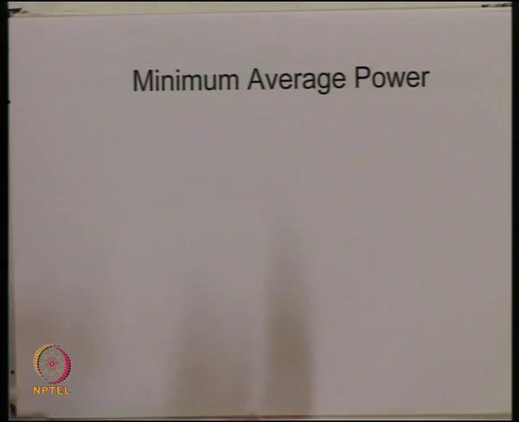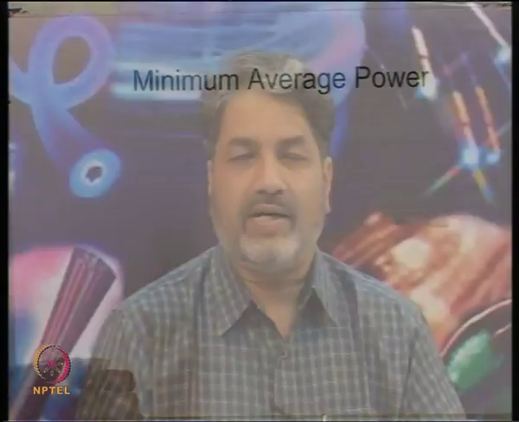So, essentially what we want to ask is, if you are getting random data with equal probability of 0 and 1, then what is the minimum average power required, because that is what one can measure. When one is receiving signal from an optical fiber, one can put an optical meter to measure the power which is coming, and this is essentially the average power which you receive in the signal.